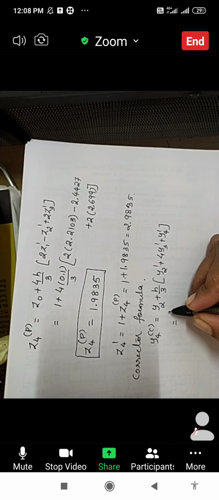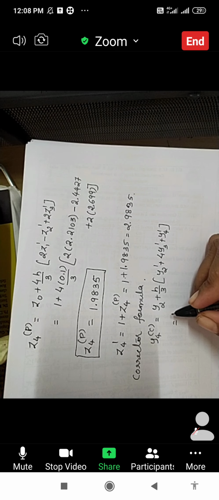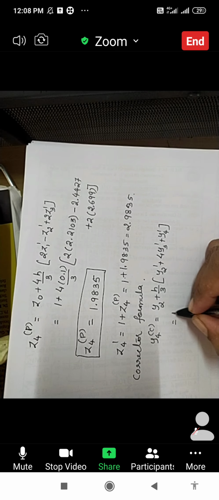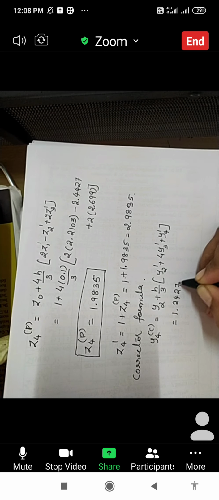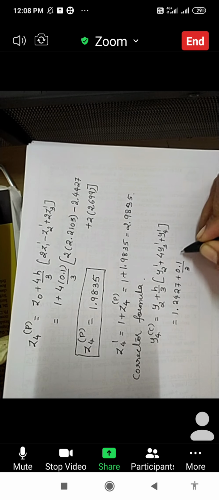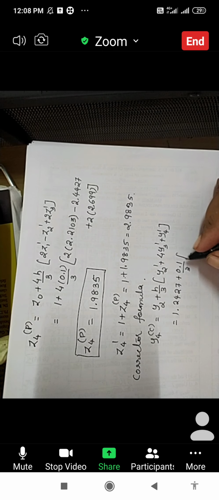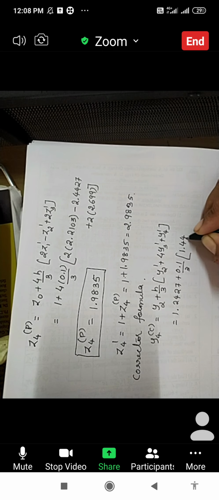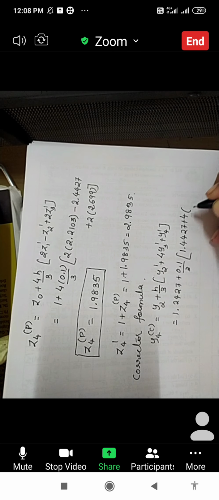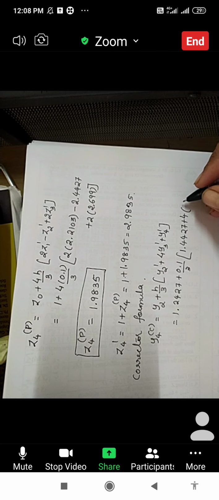So Y2 is, see the table, 1.2427. H is 0.1 divided by 3. Y2 dash, see the table, 1.4427, plus 4 times y3 dash, 1.699, plus y4 dash, 1.5835. Correct? All of you agree?